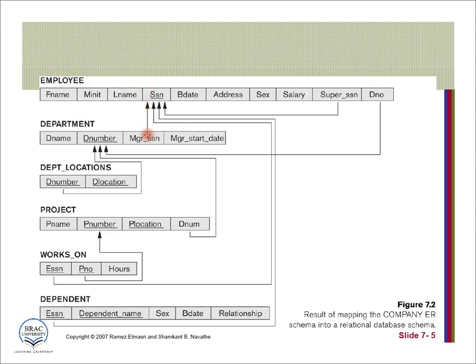So the direction is from the foreign key to the primary key. In this way we represent all the primary key, foreign key references in the schema.